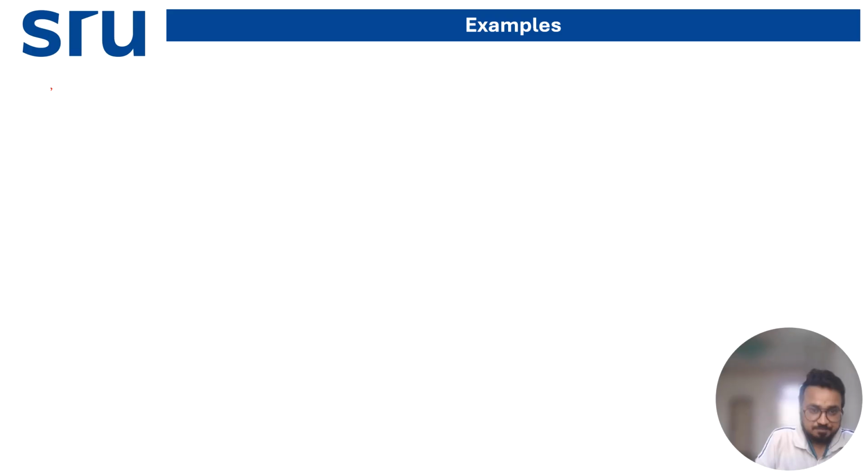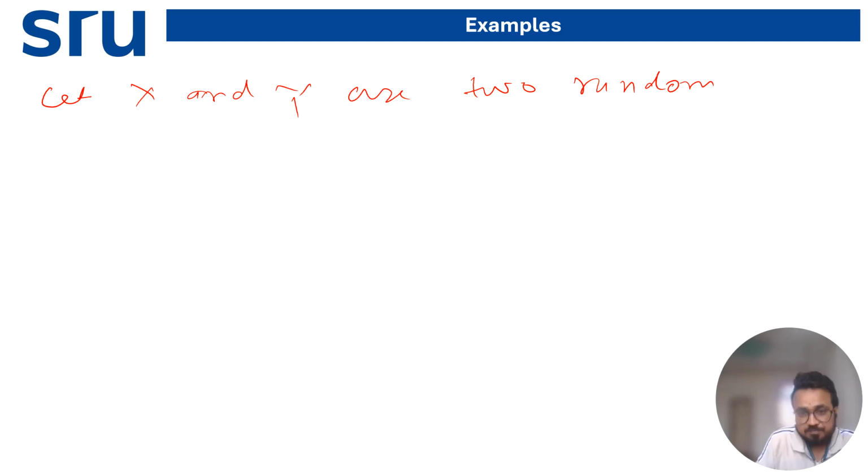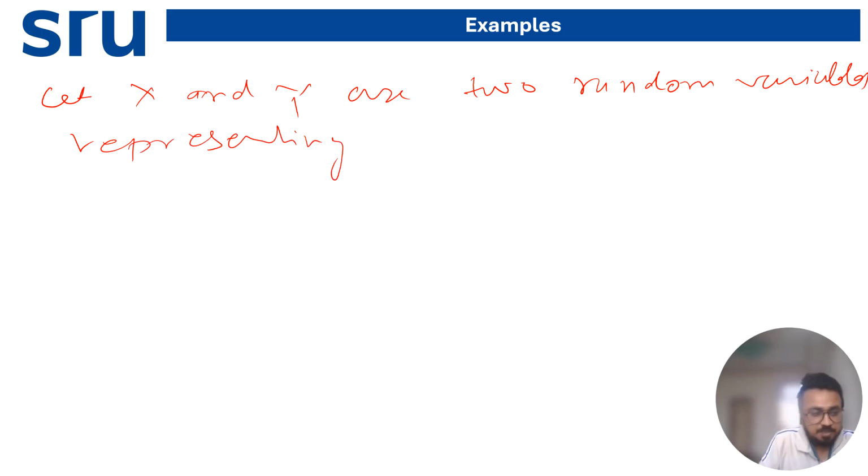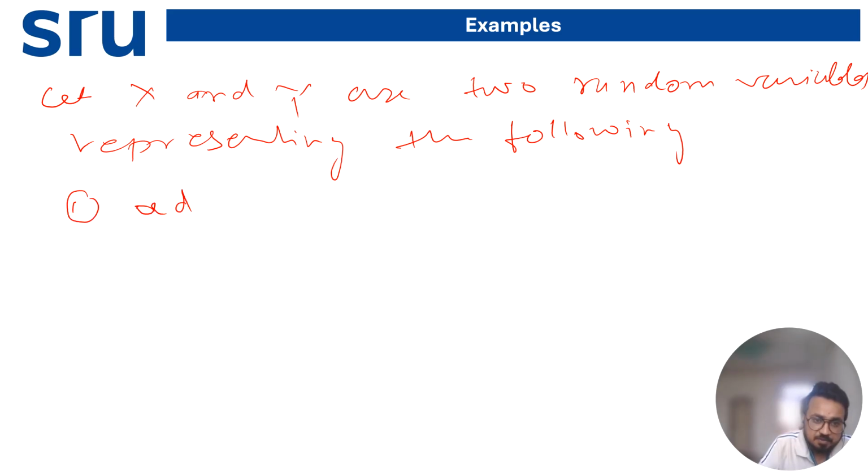So let X and Y be two random variables representing the following. Okay, first one, advertisement and sales.